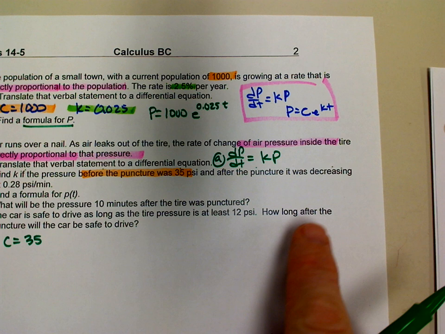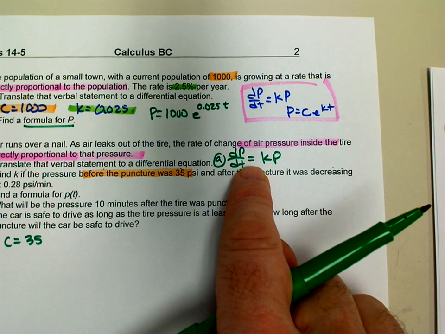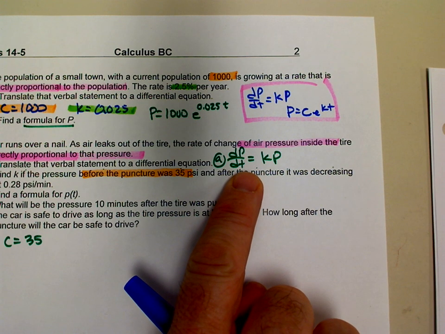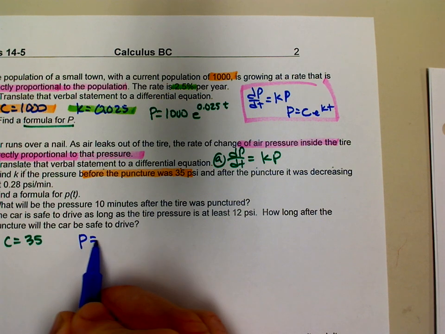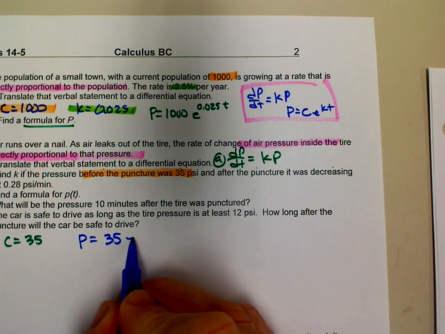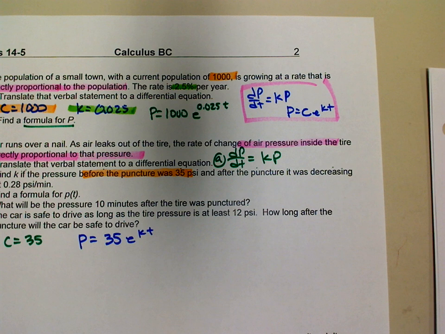Okay. So let's go back to this one. We know that given this type of differential equation, we don't have to go back and keep solving that every time. This would be the pressure equals our initial value, the C value of 35, times e to the kt.